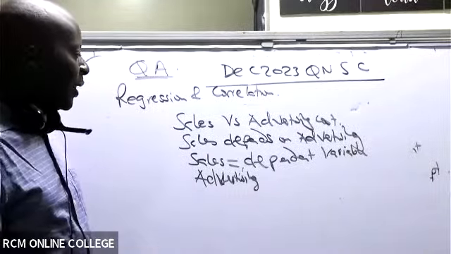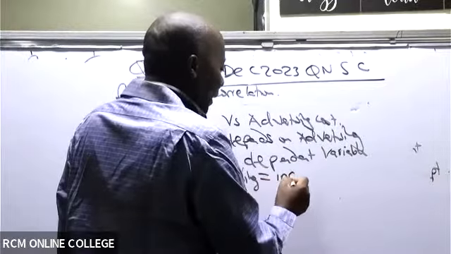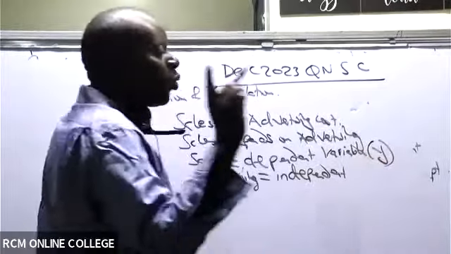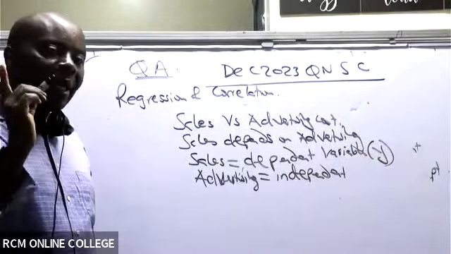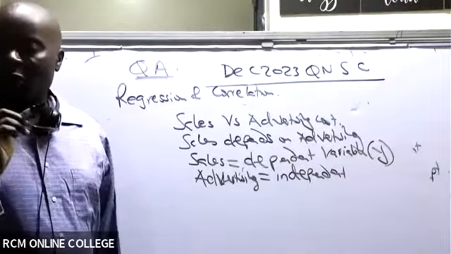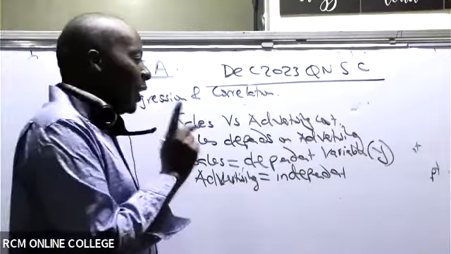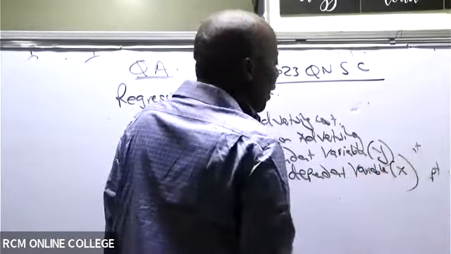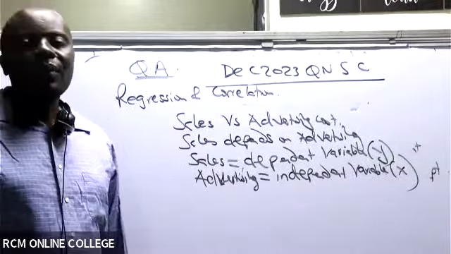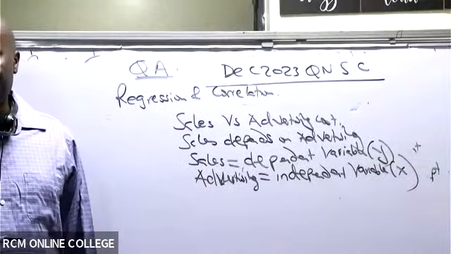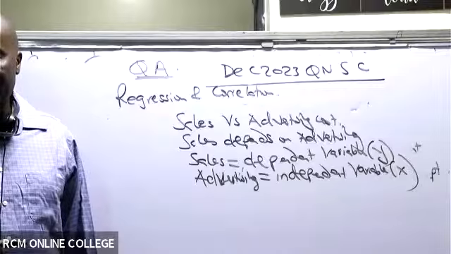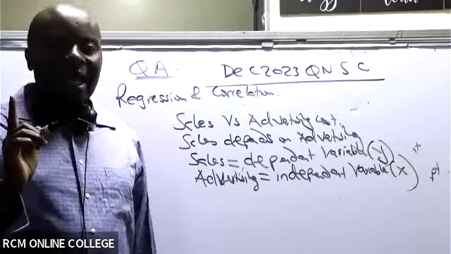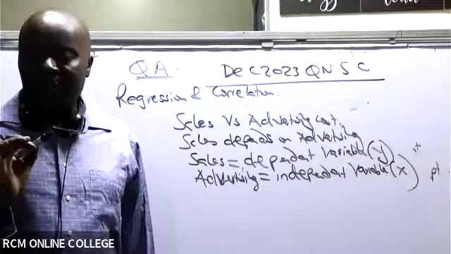So now the advertising cost will become the independent variable. Remember, the dependent variable is always your Y variable, and the independent variable will be your X. So always remember, dependent is Y and independent is X.